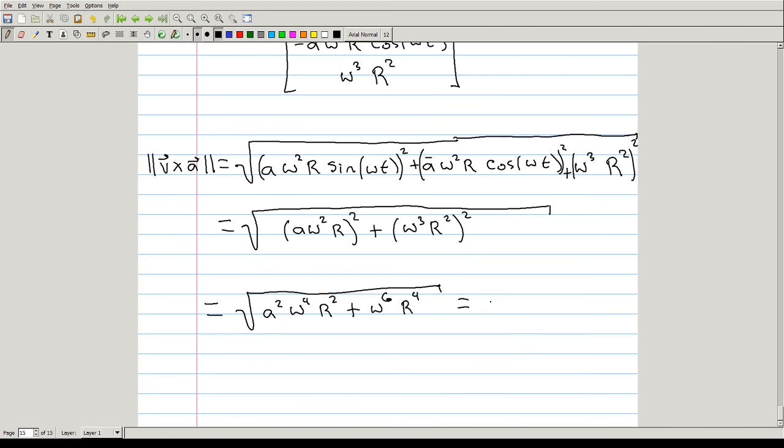Which is the same thing as omega squared times r times the square root of a squared plus omega squared times r squared.